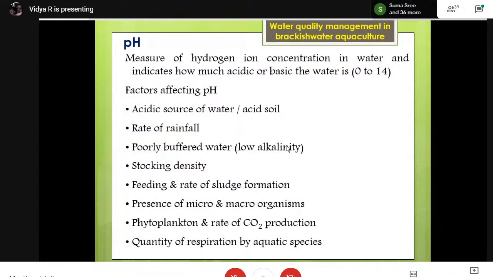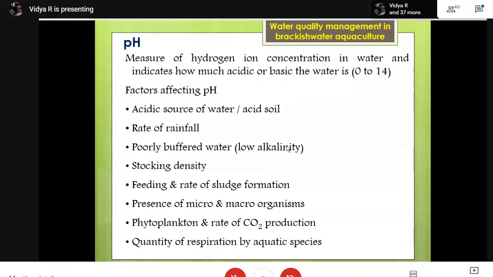So pH is the measure of hydrogen ion concentration in the water, and it tells how acidic or basic the water is. Usually, the alkaline side is preferable for the animals because alkaline water has buffering capacity.